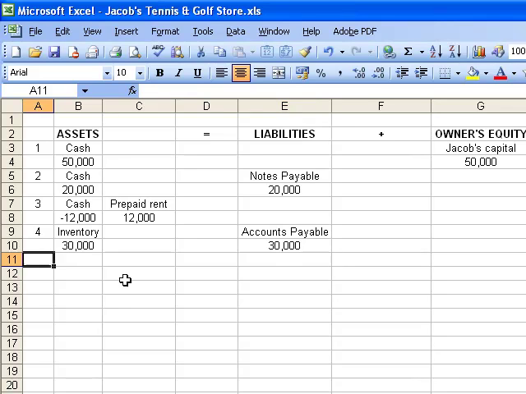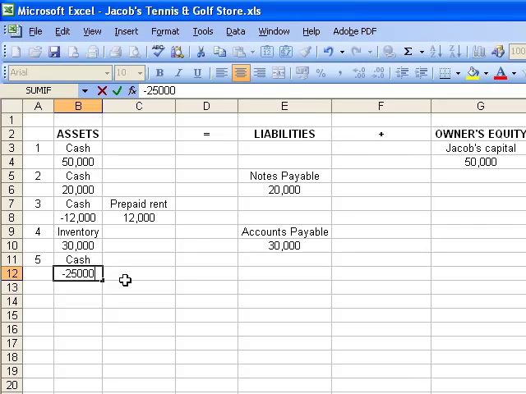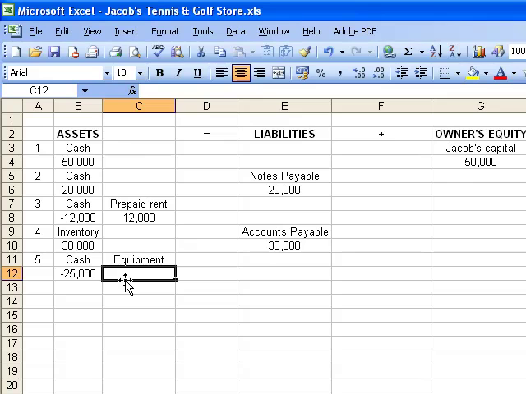So let's input this transaction as number 5, and what's affected in here is basically cash, because we buy it by cash and it's declining by 25,000. And the second item would also be on the asset side. It will be equipment, which will increase by 25,000. So we have no change in assets, and we have again a balance.